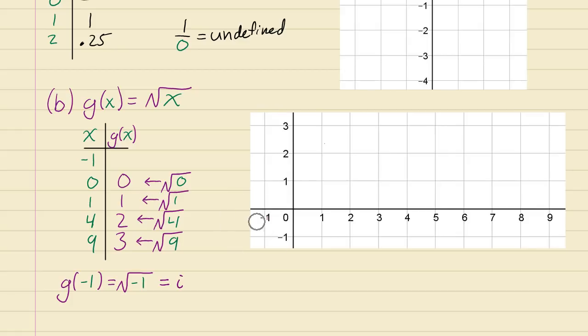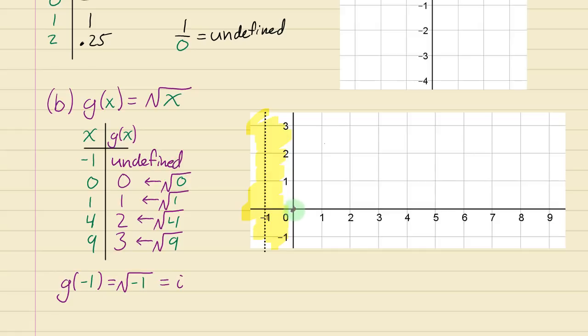So there is no point here where the x coordinate is -1, or anything negative for that matter. This whole side of the graph here is off limits, because the square root of any negative number is undefined. But we can graph the rest of these.